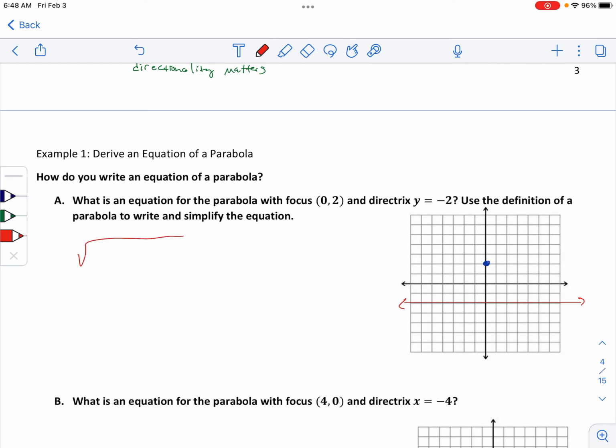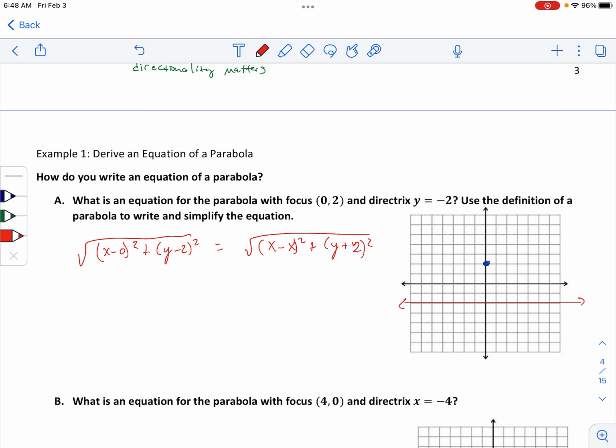So the square root of (x minus 0) squared plus (y minus 2) squared, because that is the point F, (0, 2), has to equal the square root of (x minus x) squared plus (y plus 2) squared.